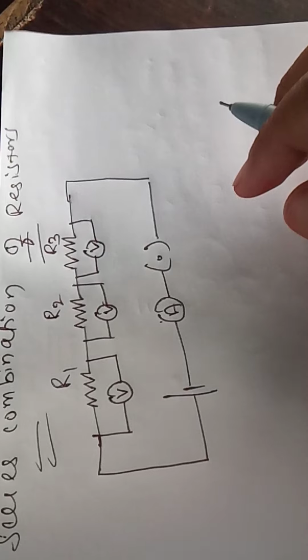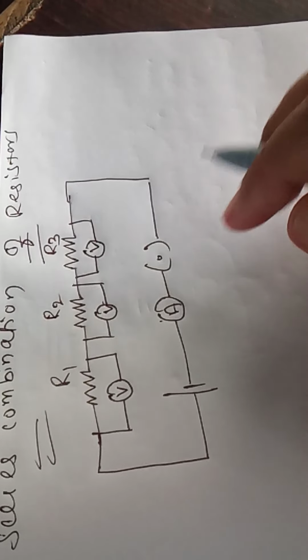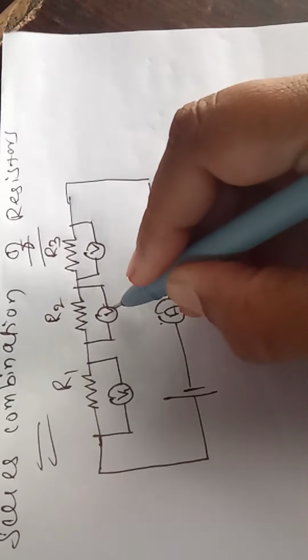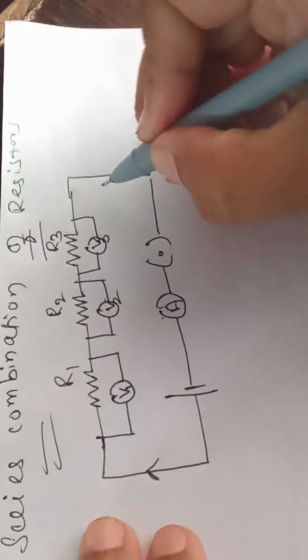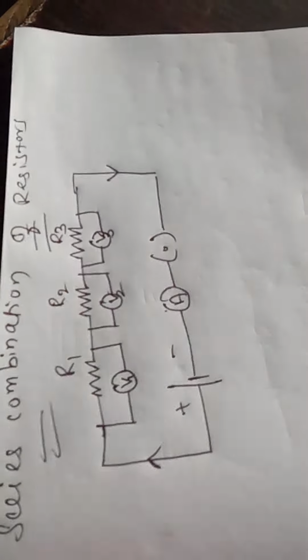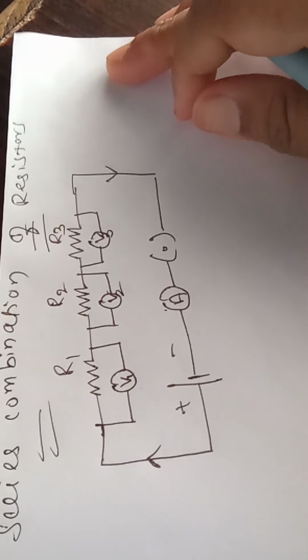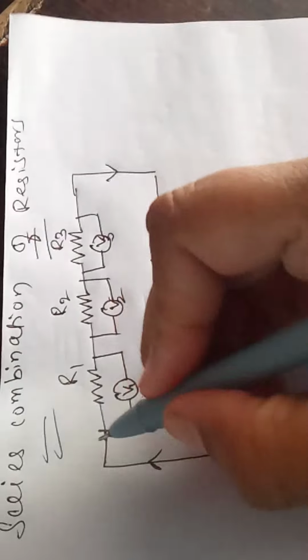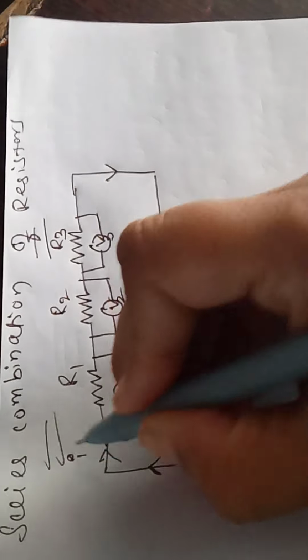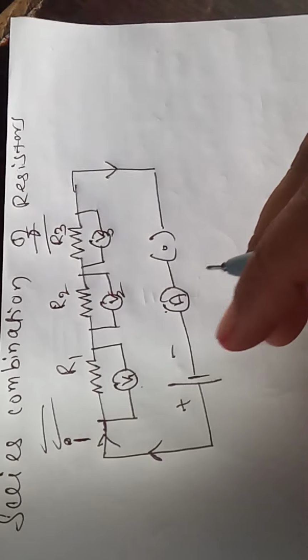Let them be R1, R2, R3, and the voltages be V1, V2, V3. Now this is the current flow. Every time, current flows from the positive to the negative terminal of the battery, right? Now as we connected these resistors in series, current has only a single path to flow.